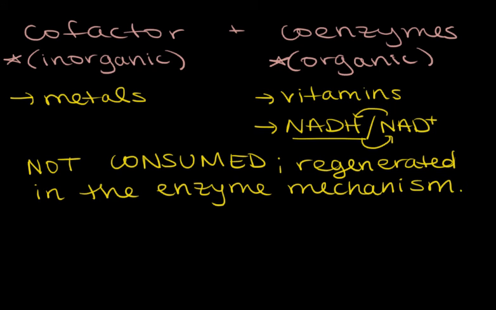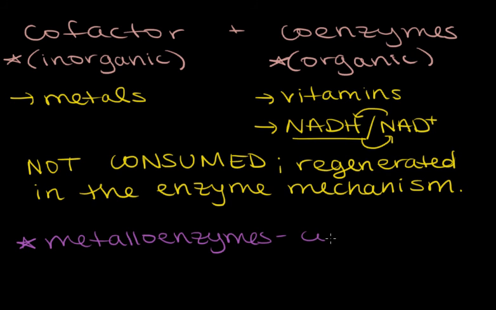Okay. So there's a huge list of coenzymes, a huge list of vitamins, and a huge list of metals, all of which are important for different enzymes. I also want to mention that there are some enzymes that have covalently bound metals, and those are called metalloenzymes or metalloproteins. A great example of this would be the heme group.